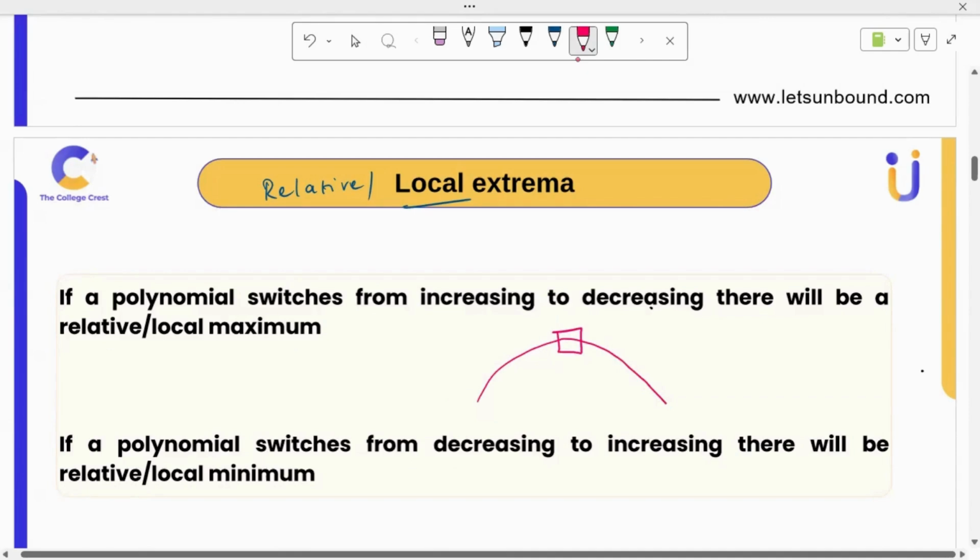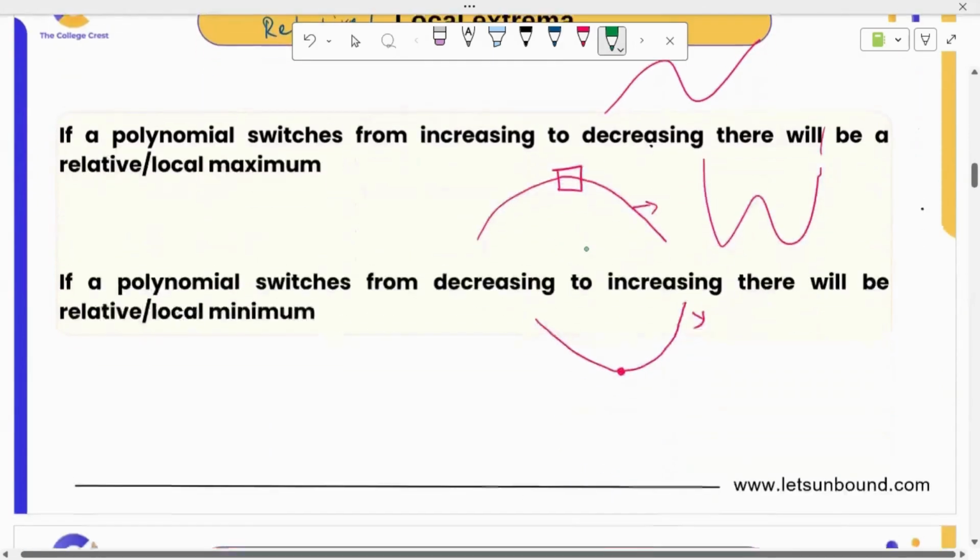So that is a local maximum. Extrema means maximum and minimum together. We are using this phrase. And if a polynomial switches from decreasing to increasing, we got a local minimum. So this is like a quadratic function, right? But a polynomial will be like this, will be like this. So many functions and structures we can make. So this is relative or local extrema, whenever there is an increase to decrease or decrease to increase, right?